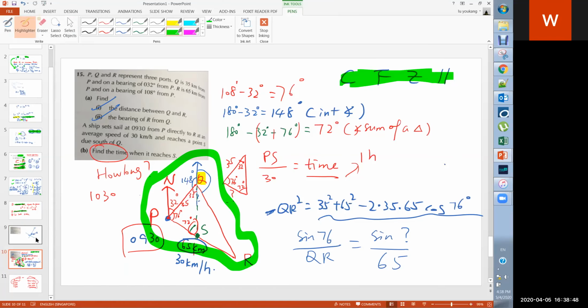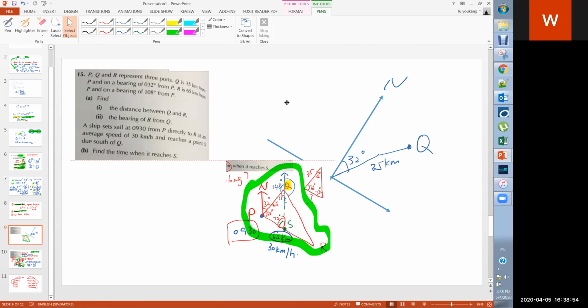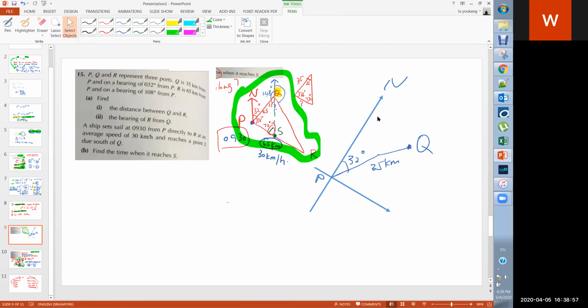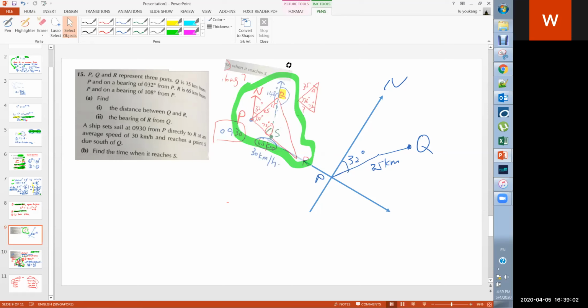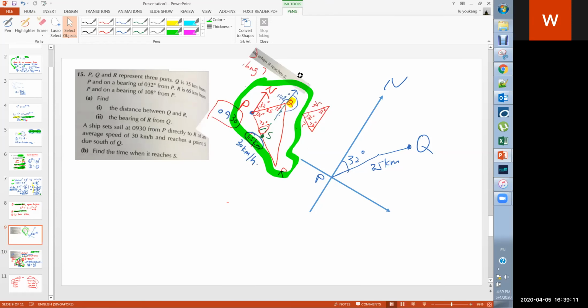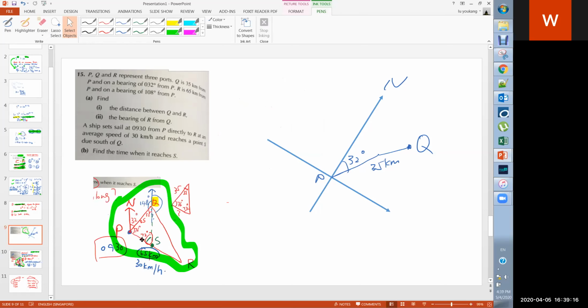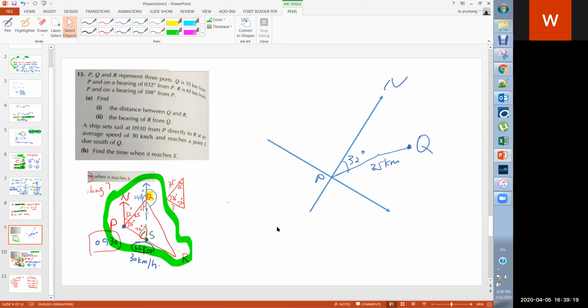You cannot just assume the north is always straight up. Look at the question. Basically, if your north gets tilted, you also need to tilt. This can be a very common mistake because a lot of students assume the north is upward. If the question never states otherwise, of course it's upward. But if the question says it's this manner, then you have to draw accordingly.